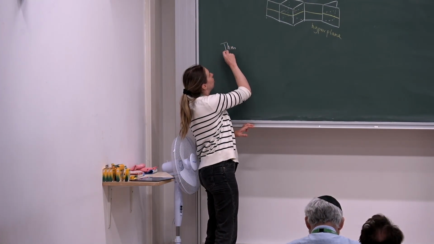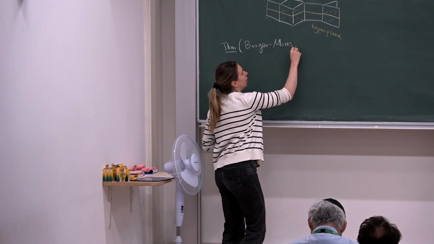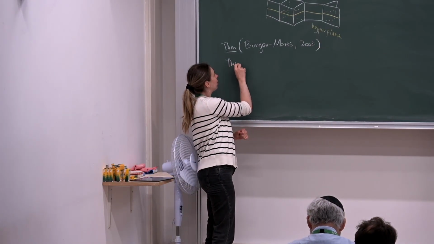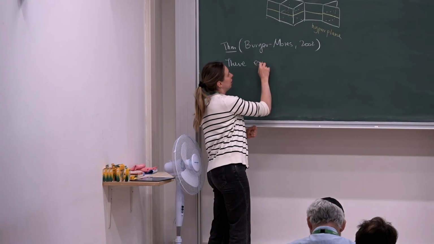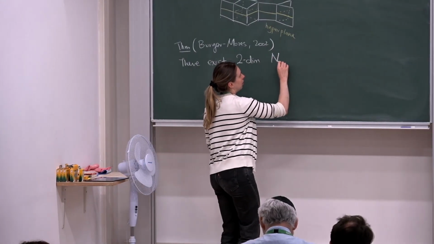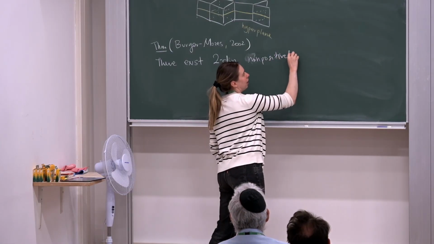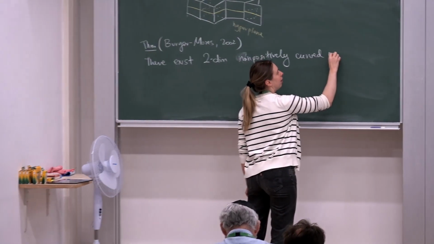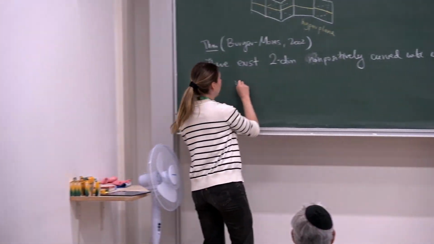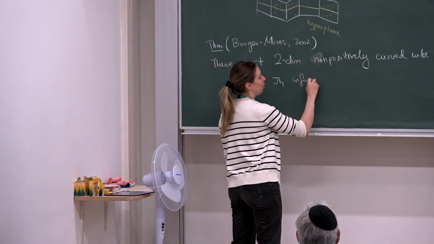So this is a theorem due to Burger and Mozes, that says that there exist non-positively curved cube complexes, in fact two-dimensional non-positively curved cube complexes, with fundamental group pi1 that's an infinite simple group.